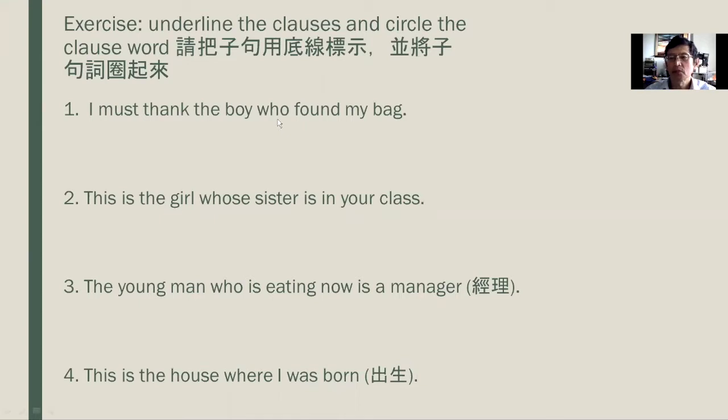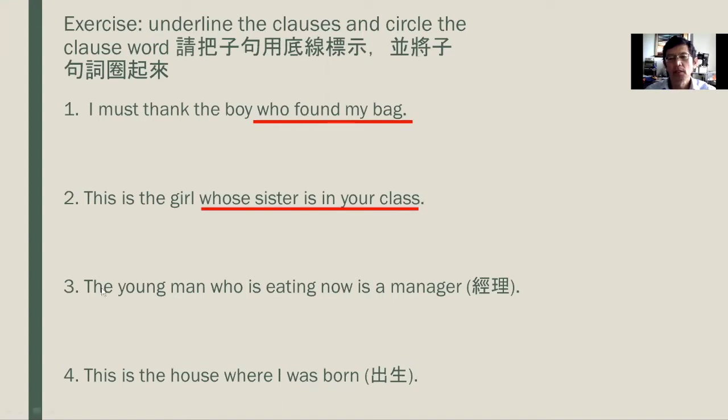What about the clause? Who found my bag? This is the girl whose sister is in your class. What's the clause word here? Whose. What about the clause? Whose sister is in your class?